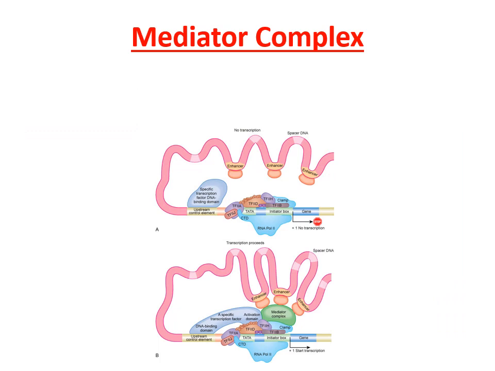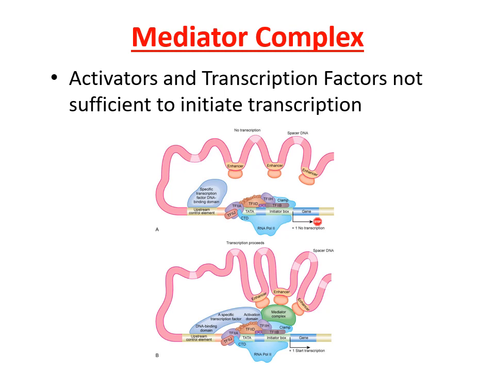Now, I also want to point out that just having these transcription factors is not enough to actually initiate transcription. Eukaryotic genes and eukaryotic cells also need what's called a mediator complex.